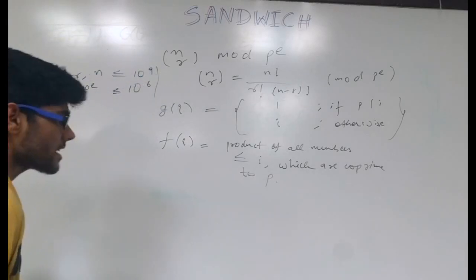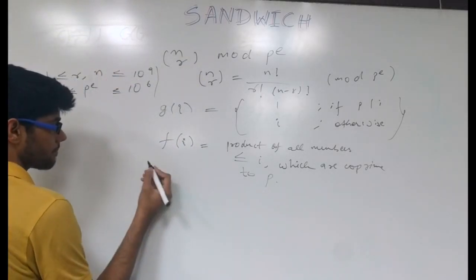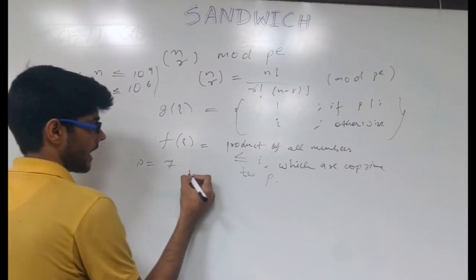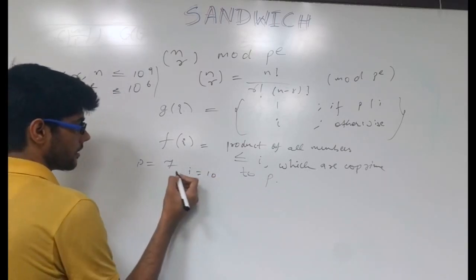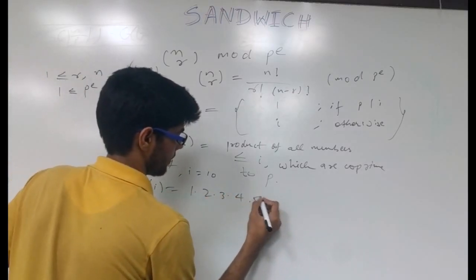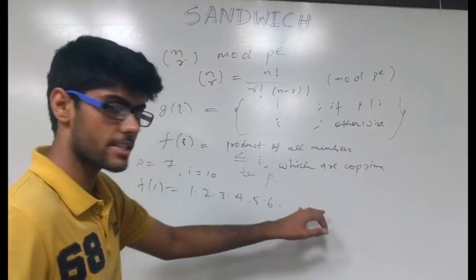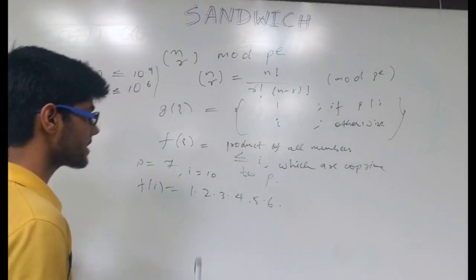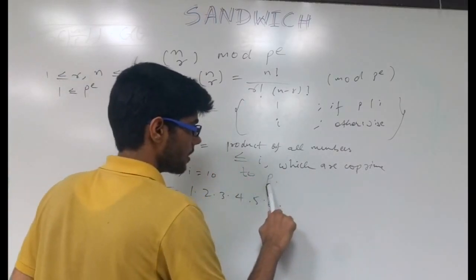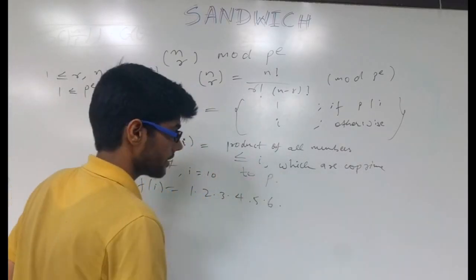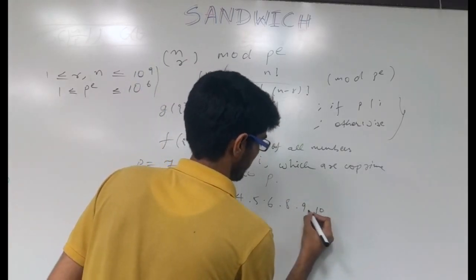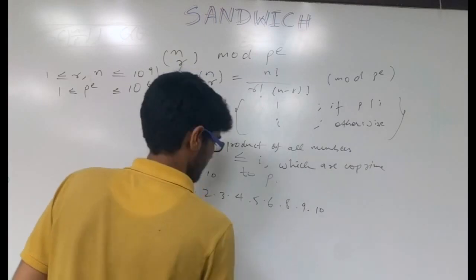Say if p is equal to 7 and i is equal to 10, then f of i would be 1, 2, 3, 4, 5, 6. We don't consider 7 because 7 divides 7, so 7 and 7 are not co-prime to each other. We have to consider only those numbers less than or equal to i which p does not divide. So we won't consider 7, we would consider 8, 9, and 10.